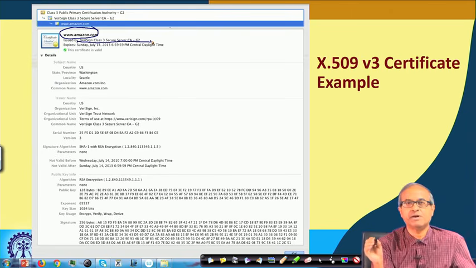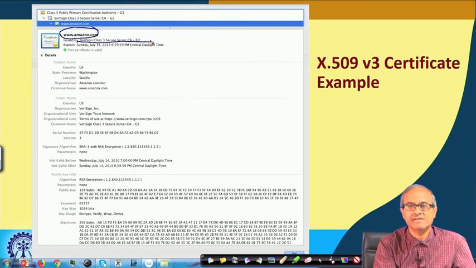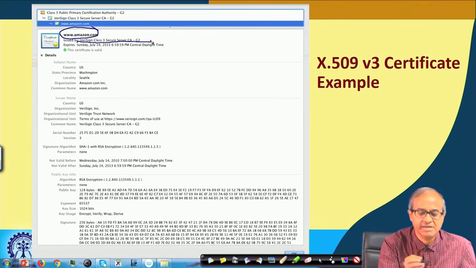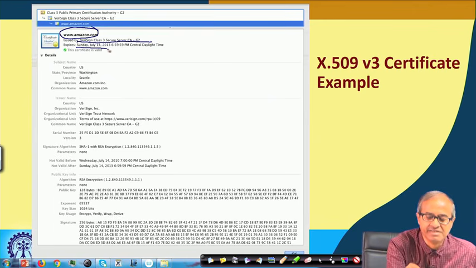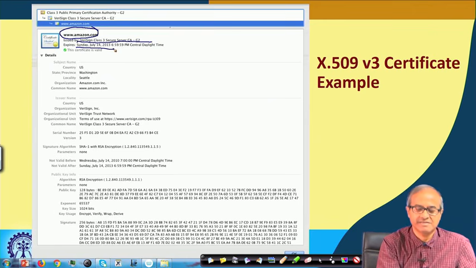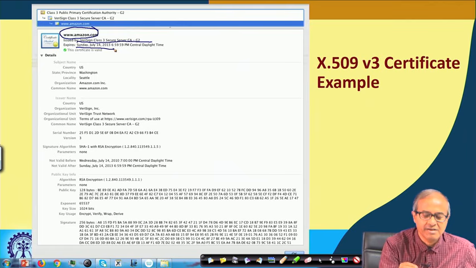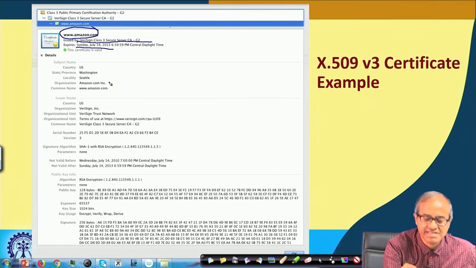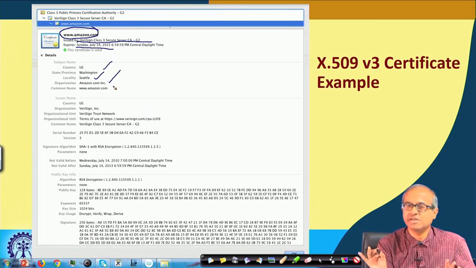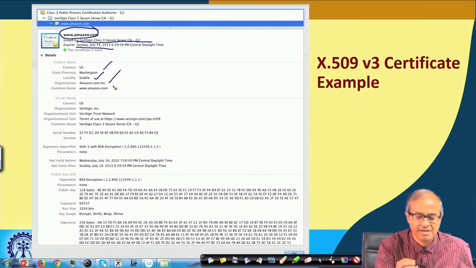VeriSign is a trusted party who have generated the public key and private key. Expires, some date is given here, the expiry date. So, the name of the organization, address Amazon.com, Seattle, Washington. So, some information about the person whose certificate I am downloading, the entity, is given here.